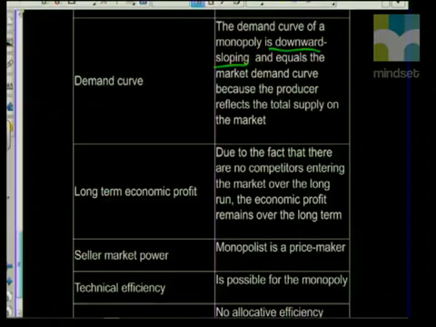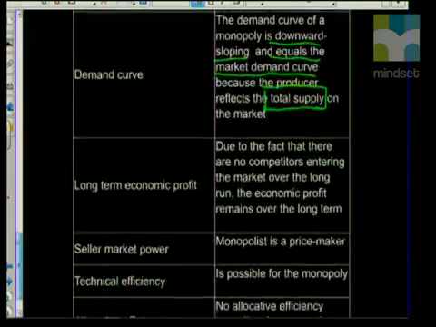But the demand curve in the monopoly is a downward sloping demand curve, and it equals the demand in the market, because I'm the only supplier. I actually am the market. I control it. And that also reflects the total supply, because I'm the only owner of the natural resource, or I'm the only person who has a license to provide that product in a certain area.